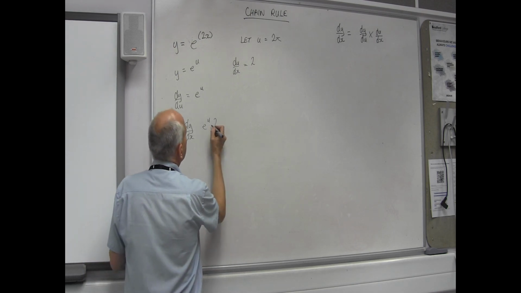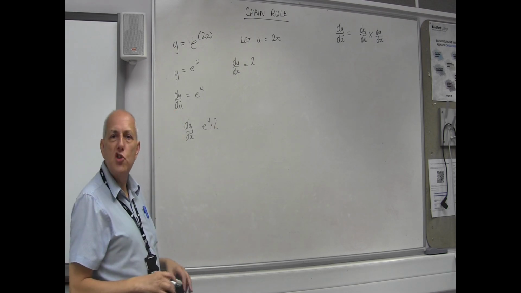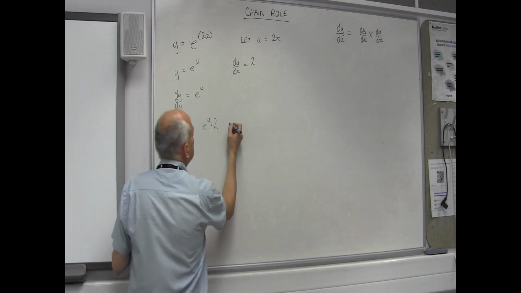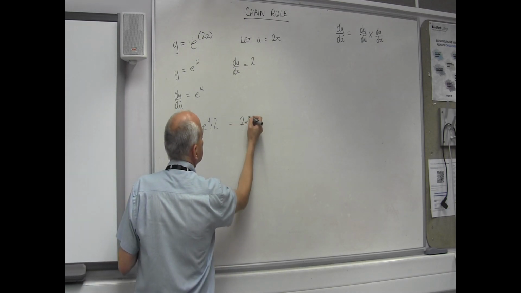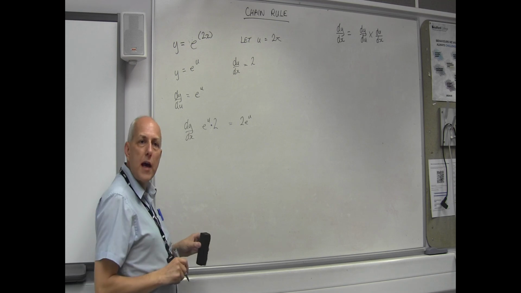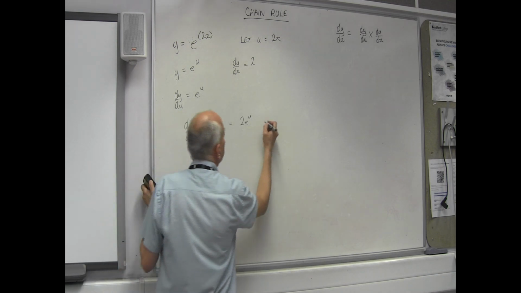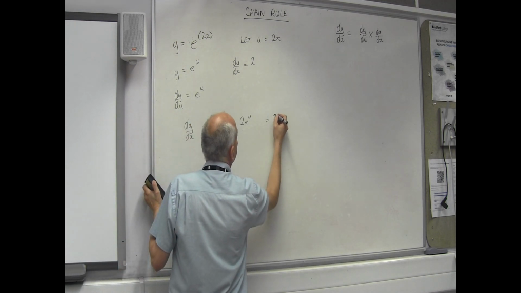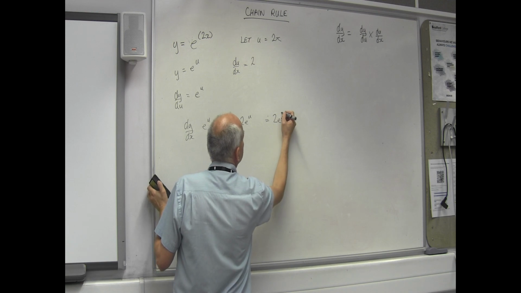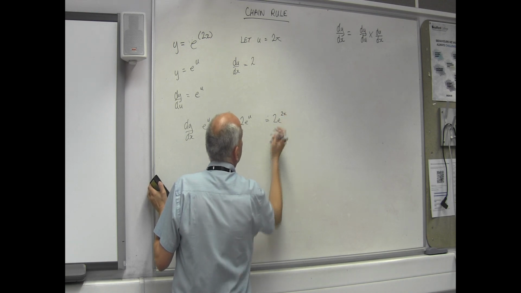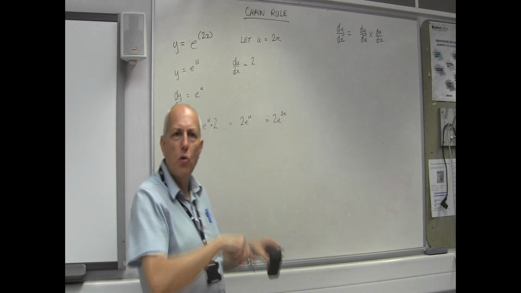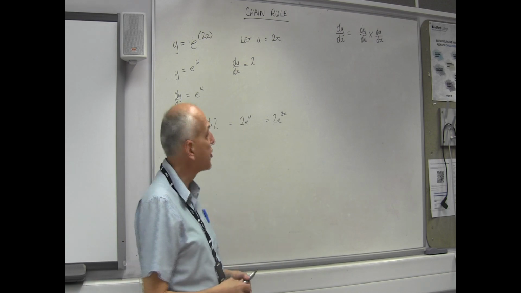Yeah, 2 e to the u, if you want. It means the same. Now substitute back in for u. So there's your proof of that other one that's in your table of derivatives.